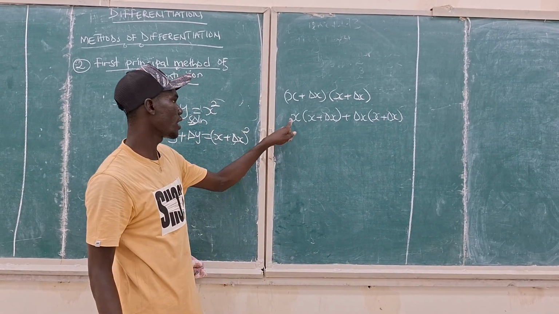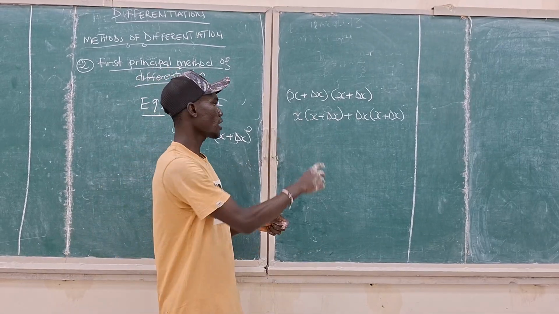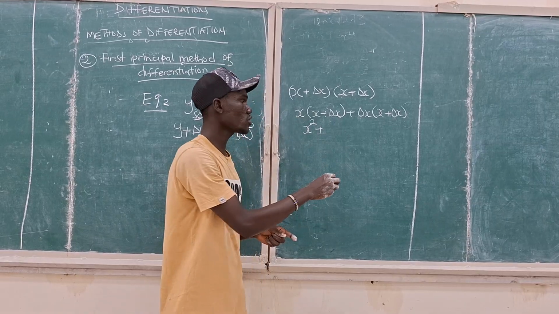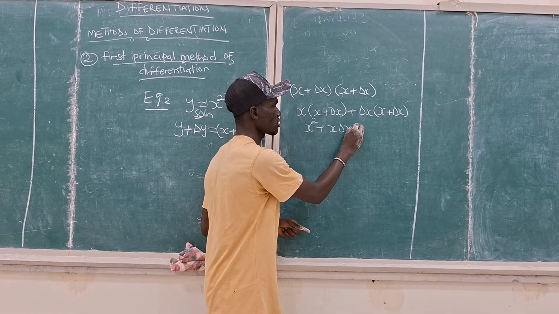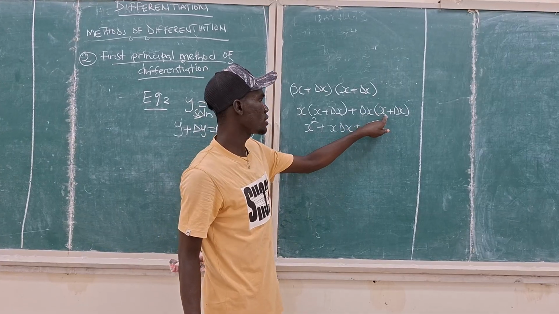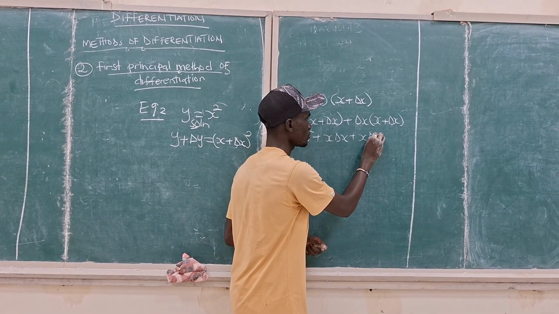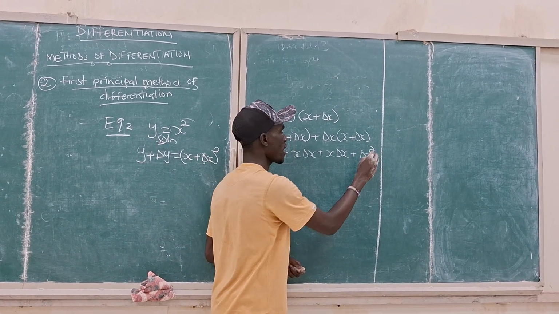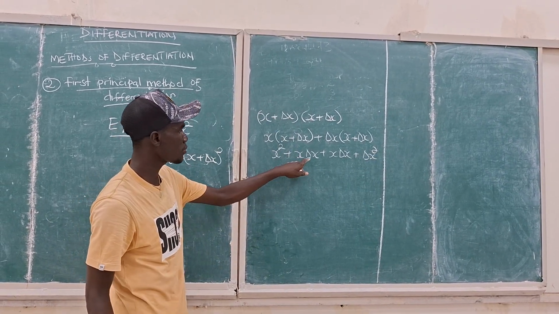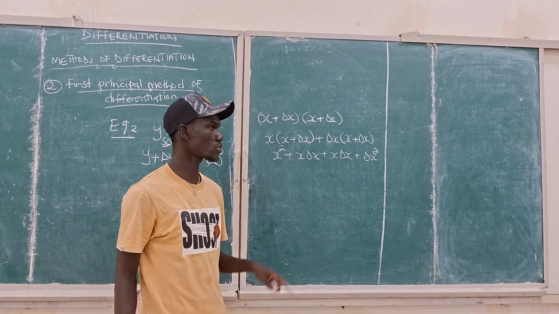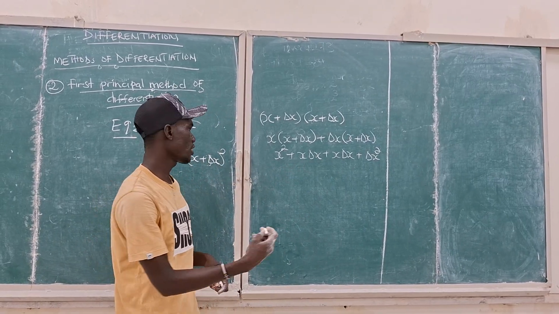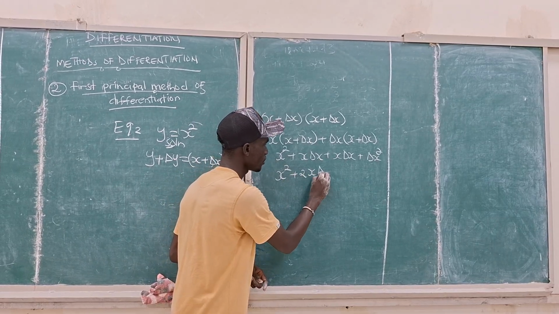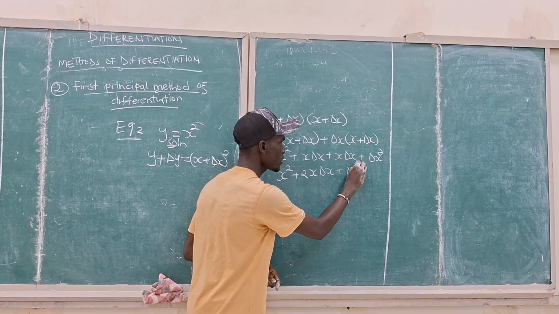Now let's multiply. x multiplied by x will get x squared, plus x times changing x will get x changing x, plus changing x times x will get x changing x, plus changing x multiplied by changing x will get changing x squared. Now here we have x changing x plus x changing x. You add them together, you get 2x changing x. We have x squared plus 2x changing x plus changing x squared.